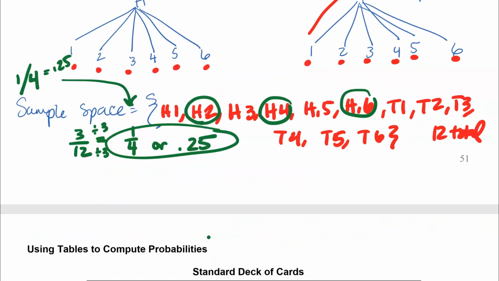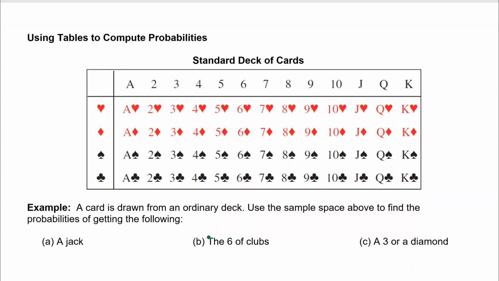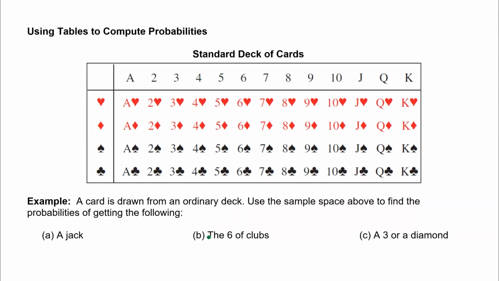Okay, so now we talked about tree diagrams. Let's look at using tables. So the standard deck of cards is a really popular table to use in probability. It's easy to create a lot of probability questions from it, so it's used quite a bit. So let's talk about this table and label this in case you're not familiar with cards.